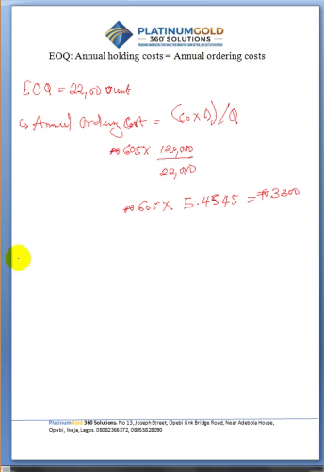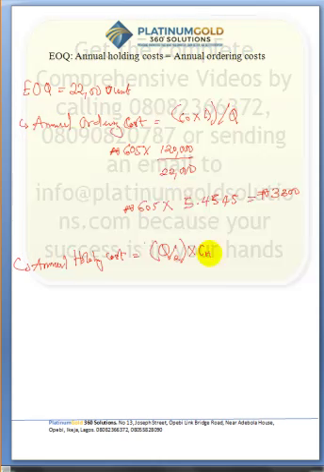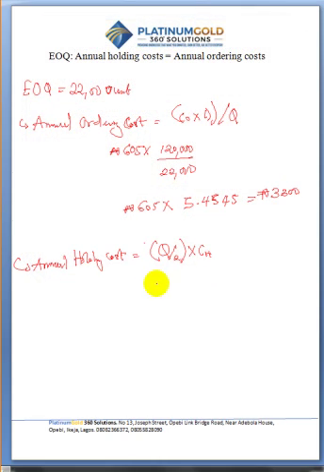Then let's look at our annual holding cost. Our annual holding cost is Q divided by 2 times CH, which is the holding cost per unit. Our EOQ is 22,000.